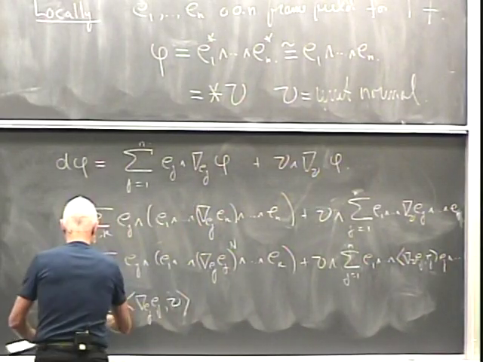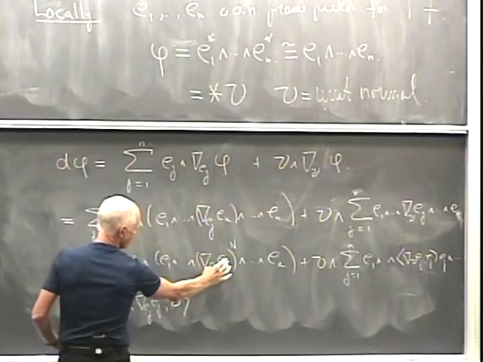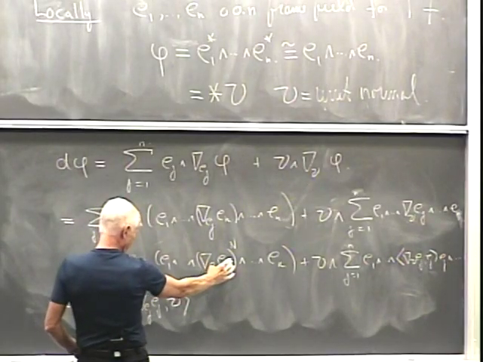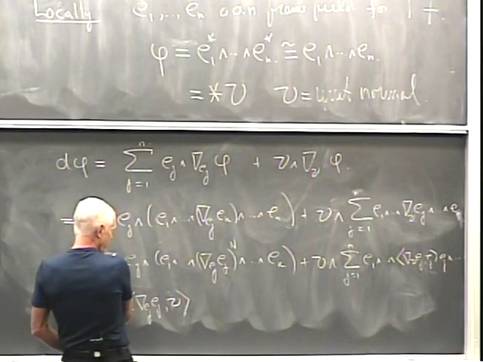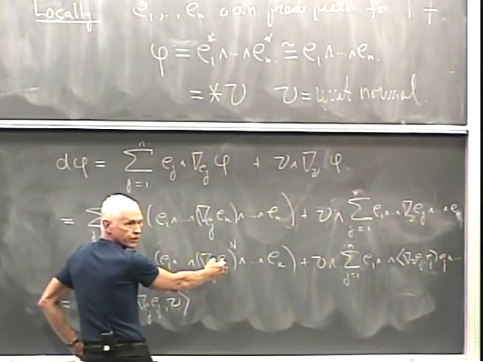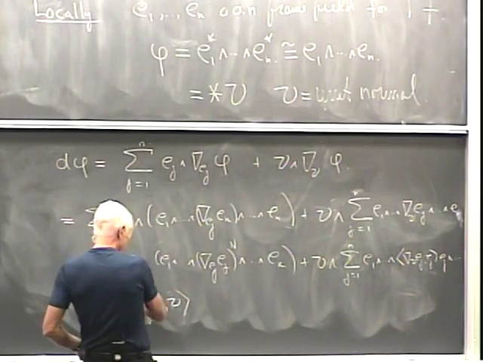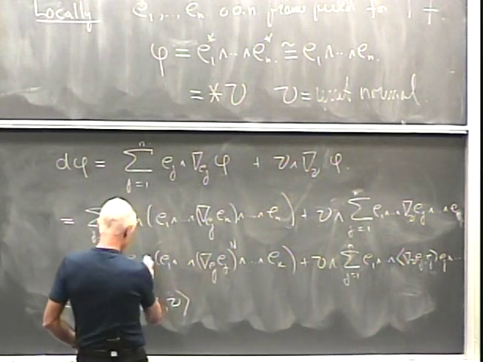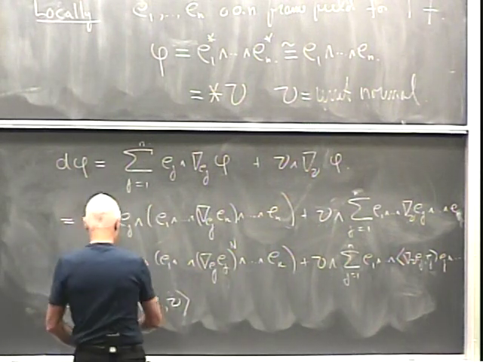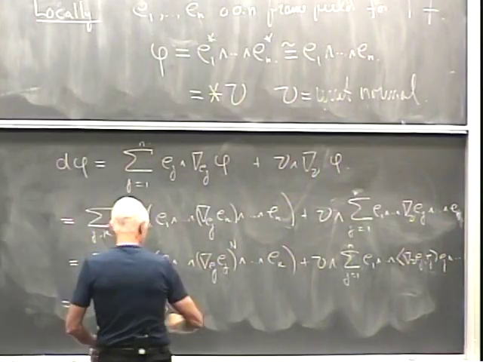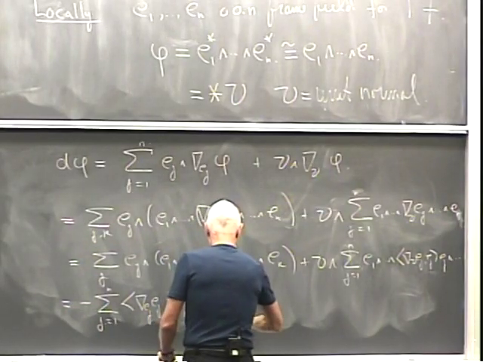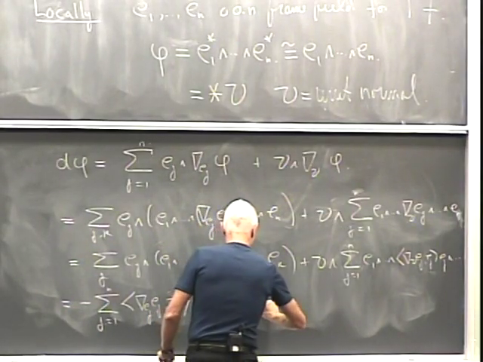And now there's a minus here. So I take the normal component, and then I slide it to the front, and I slide Ej into here. And so I've moved this past j minus 1 vectors. But I had to interchange these two, so I get a minus sign. And here I get nu E1 En.